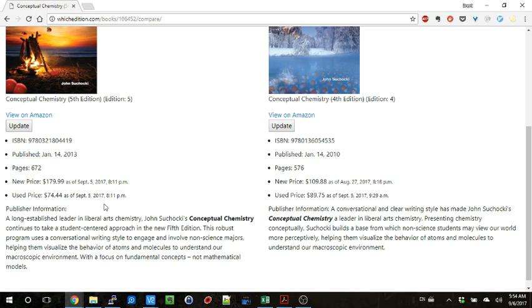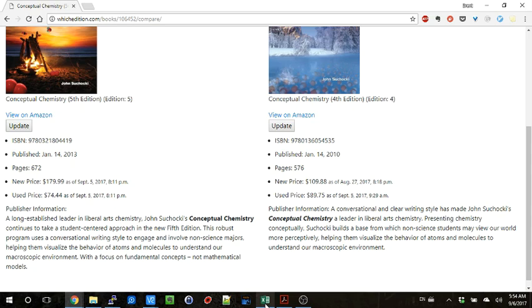But if we're in the market for a used textbook, there's no need to buy a previous edition, because you can get a good condition used copy of this textbook for $74. And for some reason there aren't any cheaper copies of that available in the previous edition.